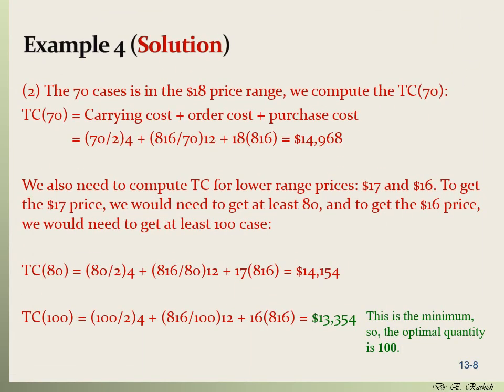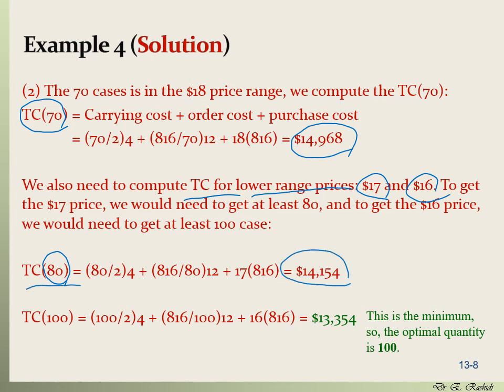We computed the total cost when the quantity is 70, and we get 14,968. But we also need to compute the total cost for the lower price ranges, at 17 and 16. At 17, the quantity is at least 80, so the total cost we computed was 14,154. For the price range of 16, the minimum quantity is 100.